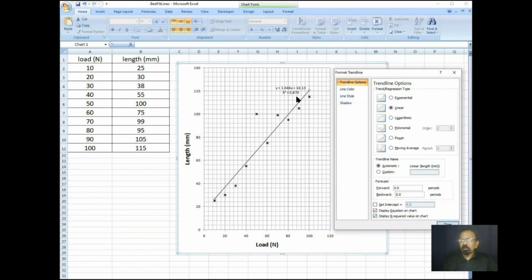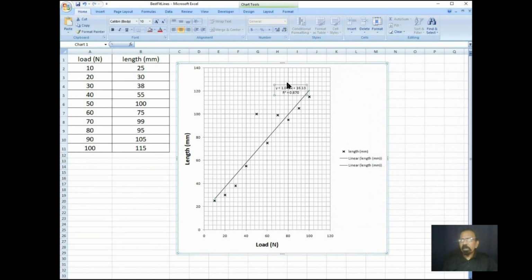Once you do that, you close this, you go back here, you highlight this, go to Home, go to font size, make it 14. So that is the line of best fit computer generated, including the R squared value, which is not very close to 1, so it has a lot of spread. And also you have the formula y is equal to 1.046x plus 16.13.